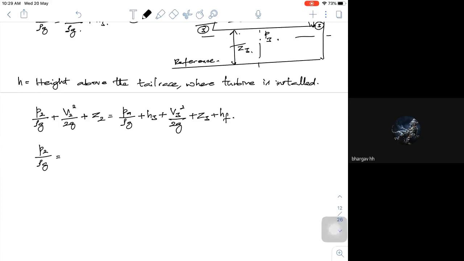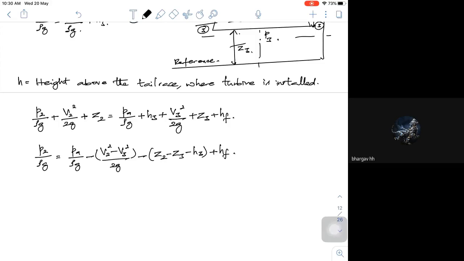That is, I have PA by rho g minus V2 square minus V3 square by 2g, minus all the quantities, that is your Z2 minus Z3 minus H3 plus H.